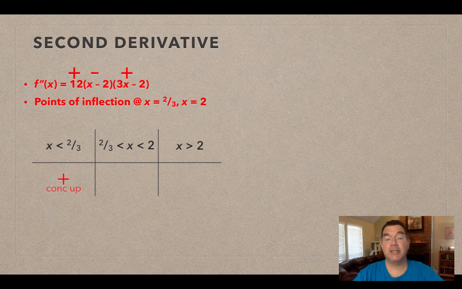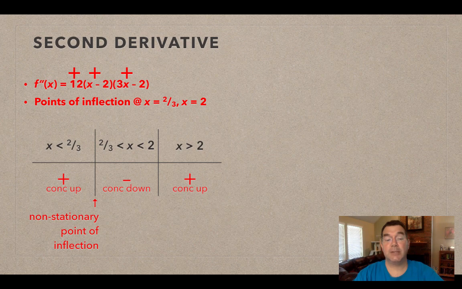The only thing that changes is that the last factor becomes positive, so now the entire second derivative is negative, meaning that the function is concave down everywhere from 2/3 to 2. And then finally, if I pick an x that is larger than 2 and plug that into the second derivative, the only thing that changes is that middle factor now becomes positive, so the entire second derivative is positive, so the function is concave up everywhere where x is greater than 2.